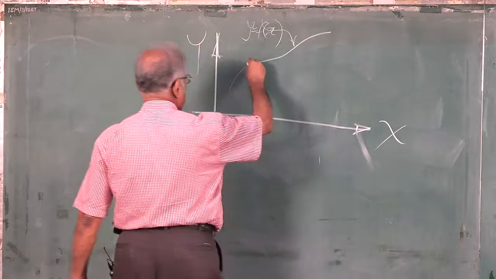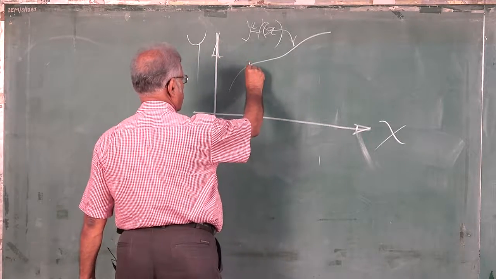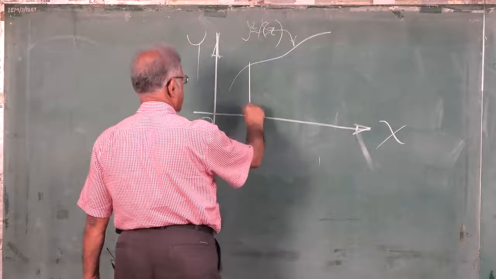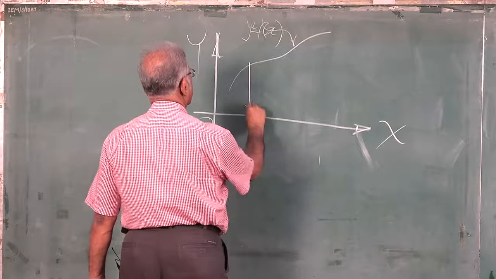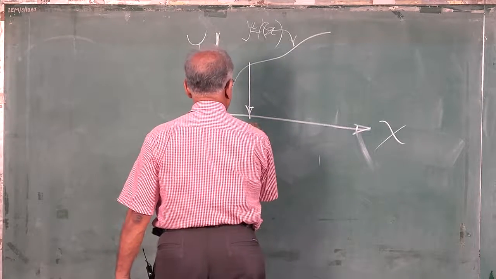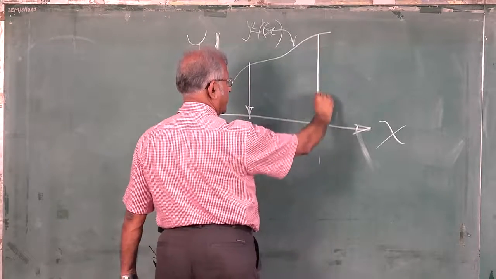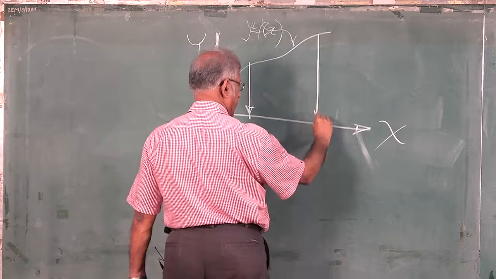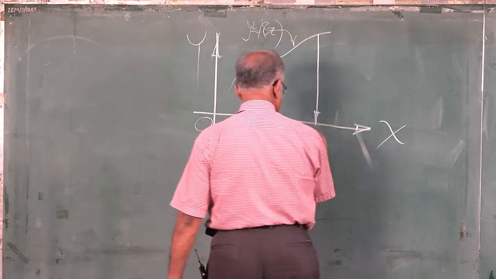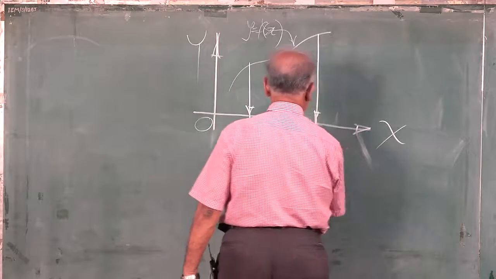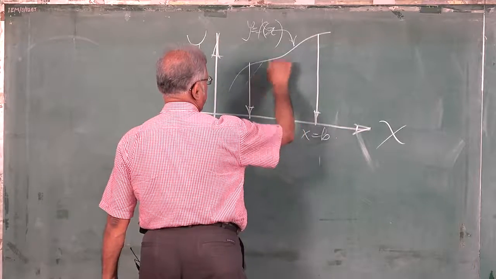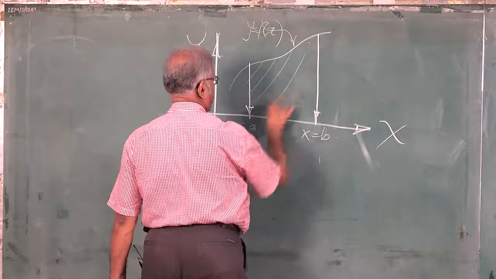Now, we draw two vertical lines. This point is x is equal to a and this point is x is equal to b. We wish to find the area of this curve.